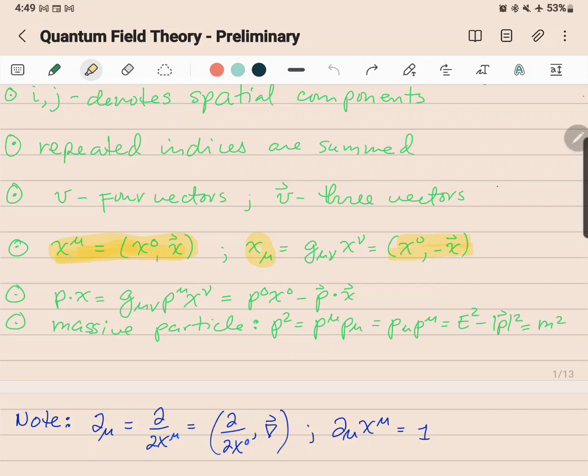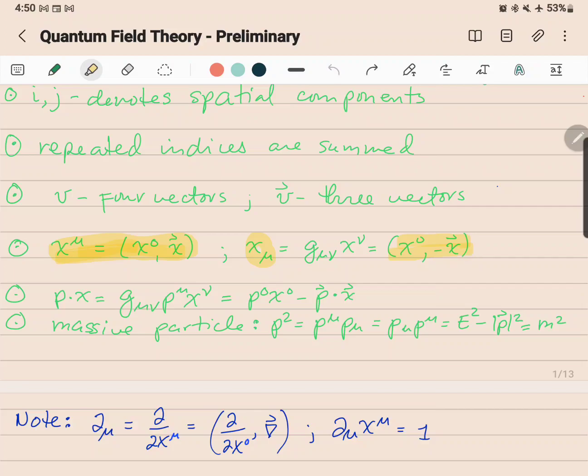You have x mu with an index above. That means x0, then you have the x 3 vector component, or x, y, z for example. And if you put the index down, that would change to negative x. The space part would change to negative.